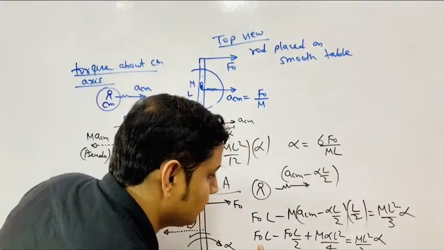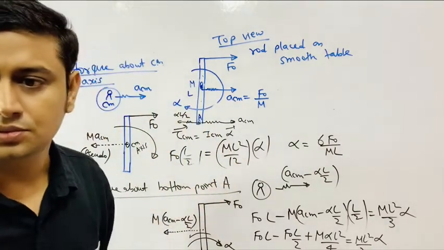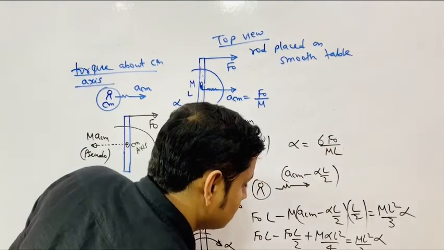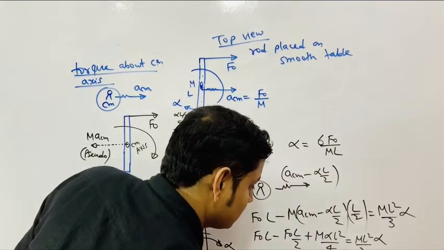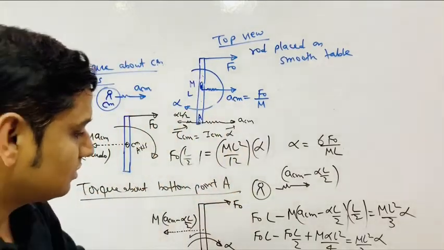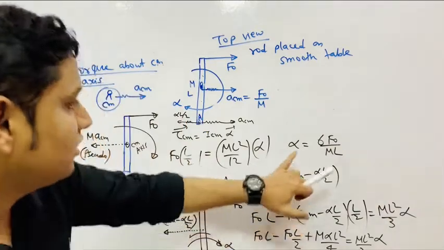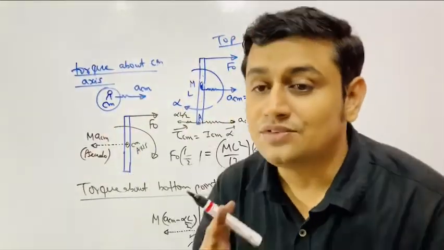This minus this is F naught into L by 2. This minus this is what? ml square by 12 into alpha. Are we getting the same value? Yes, we are getting the same value. Alpha is equal to 6 F naught by ml. But the difficulty level is too high.